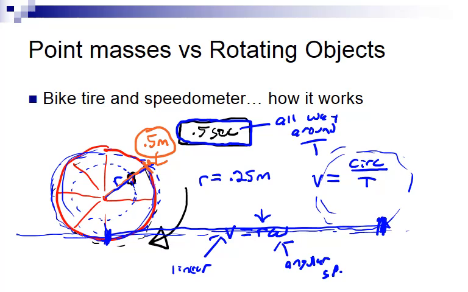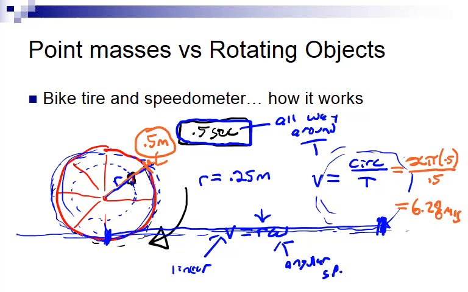We could do the circumference, which is 2 pi r, 2 pi times 0.5, divided by the period, which is 0.5 seconds. And this would be going how many meters per second here? Let's do that. It would be essentially 2 pi here. So 6.28 meters per second, right?